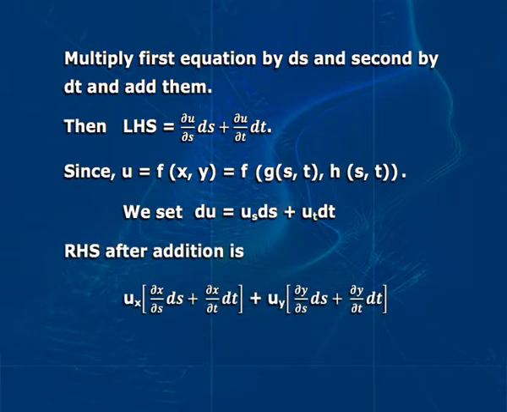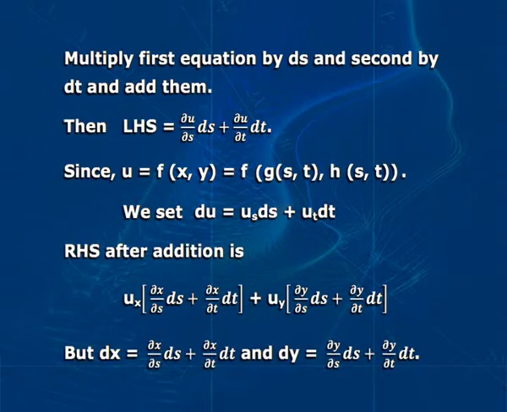The right hand side after addition is ux into del x over del s ds plus del x over del t dt, plus uy into del y over del s ds plus del y over del t dt. But dx is equal to del x over del s ds plus del x over del t dt, and dy is equal to del y over del s ds plus del y over del t dt.